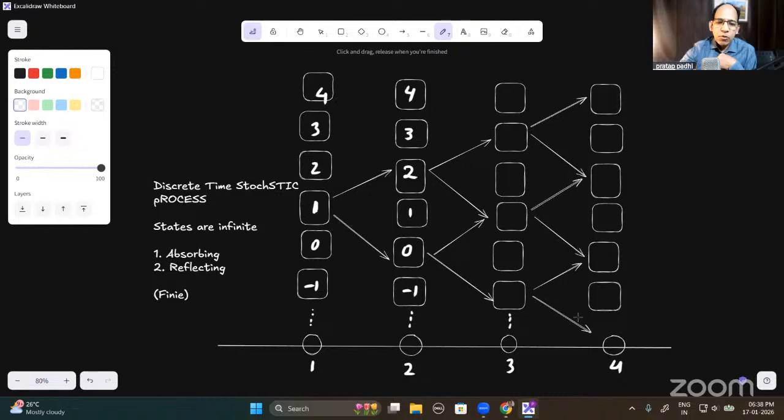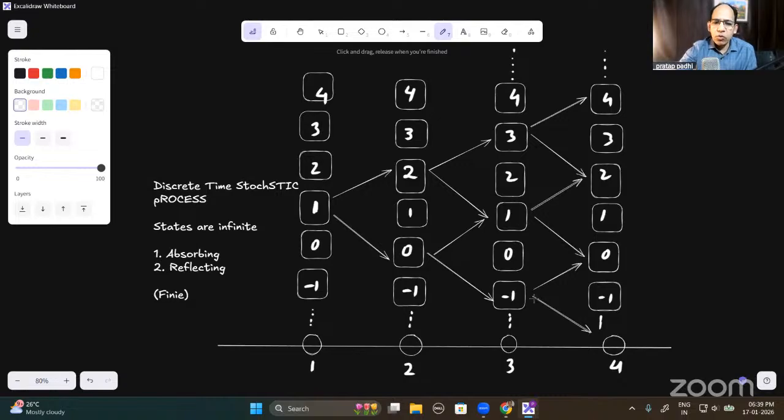So corresponding to this, let me write the diagram. That's very important, because it will come time and again. It's not only once, it will come once again. Then -1, 0, 1, 2, 3, 4. Here also -1, 0, 1, 2, 3, 4. Now for the state diagram, from 1 it can go to 0, right?